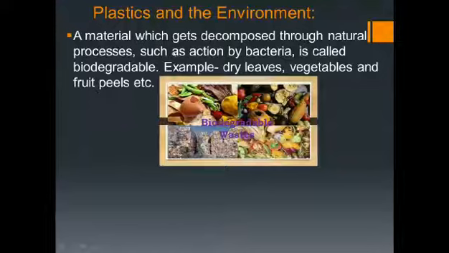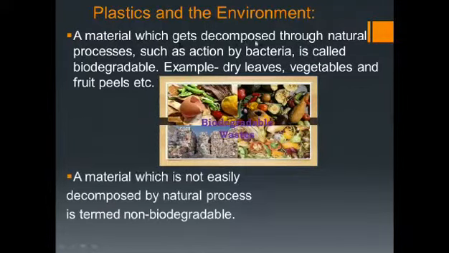But disposal of plastic is a major problem. Plastics do not get decomposed easily. A material which gets decomposed through natural processes such as action by bacteria is called biodegradable.